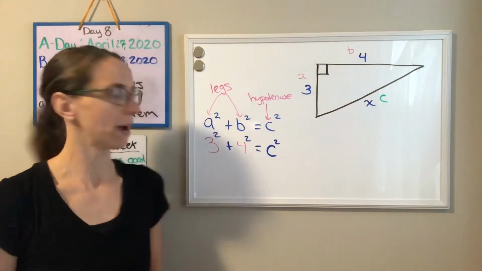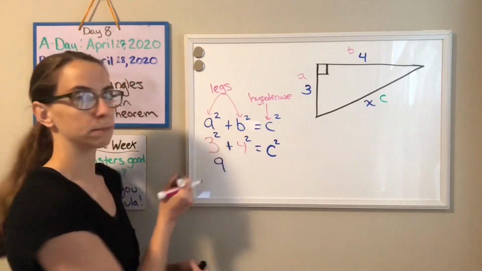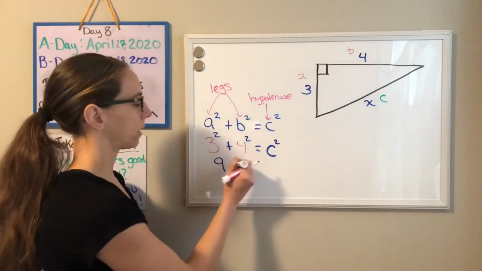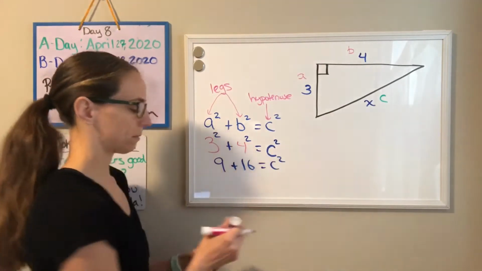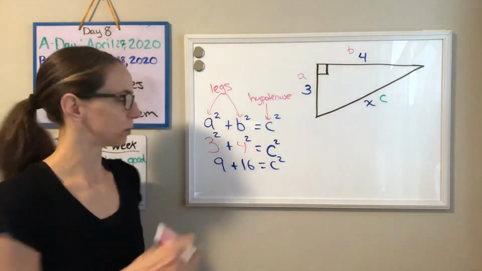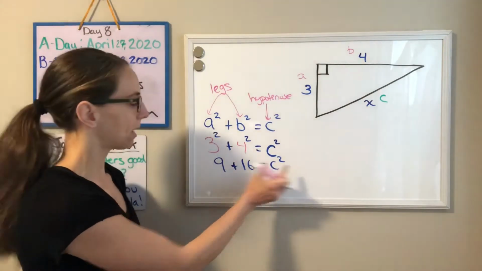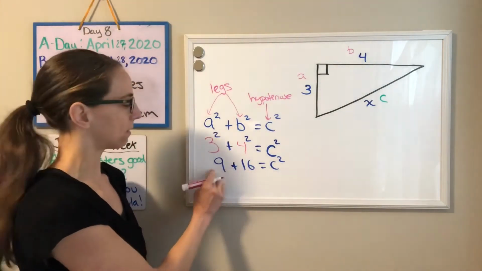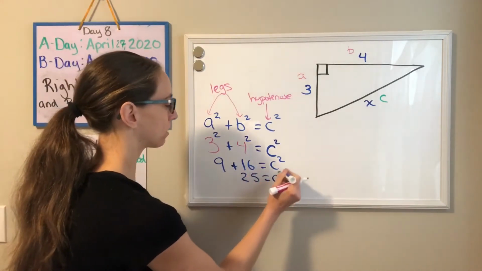Now it's time to do some math. 3 squared is going to give me 9. Remember, 3 times 3 is 9, plus 4 squared, 4 times 4 is 16, is equal to c squared. And remember, you're working backwards of the order of operations, which is why we took care of our exponents first. I can't do anything with c squared yet, but I can add up my like terms together. 9 plus 16 is going to be 25, is equal to c squared.